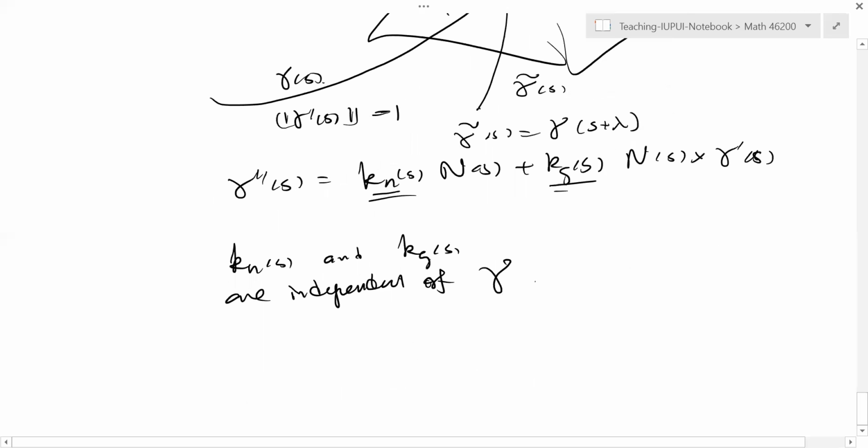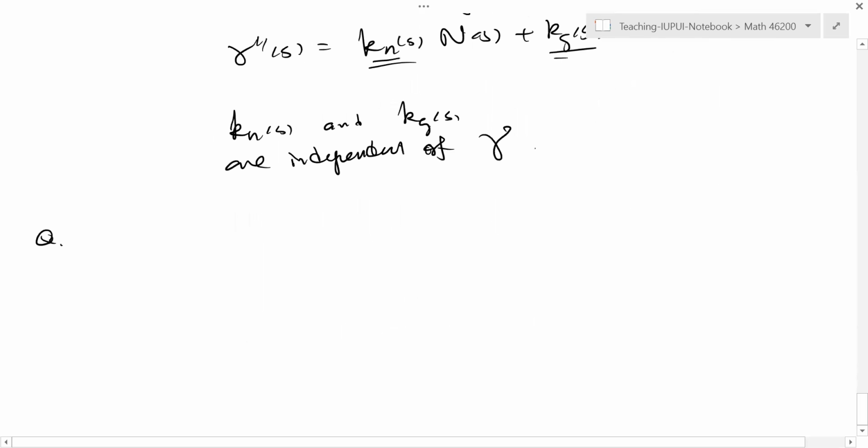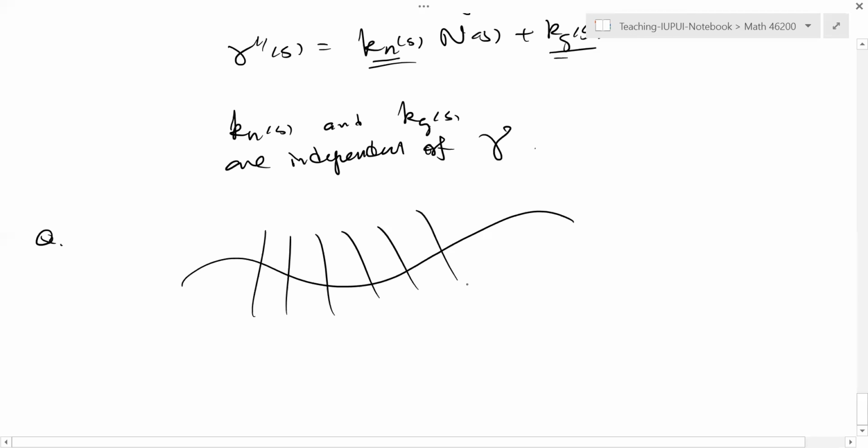It's easy to see that a straight line is a geodesic on the surface. Let's take a curve; this is like a fence.